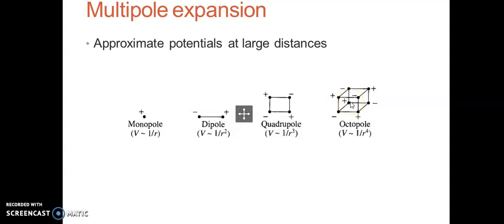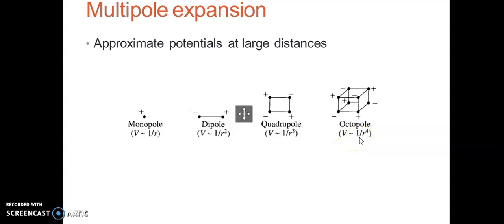And we can see that the potential of an octopole varies as 1 over R to the power 4. So the potential of the monopole varies as 1 over R. If there is only one point charge, it varies as 1 over R. For a dipole, it varies as 1 over R square, for a quadrupole, 1 over R cube, and for the octopole, 1 over R to the power 4.